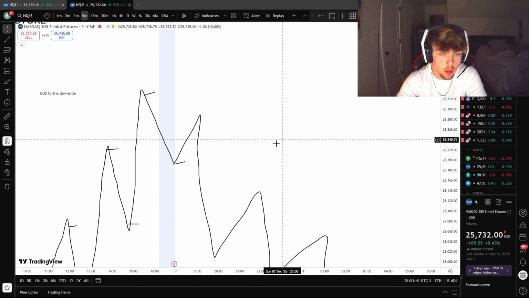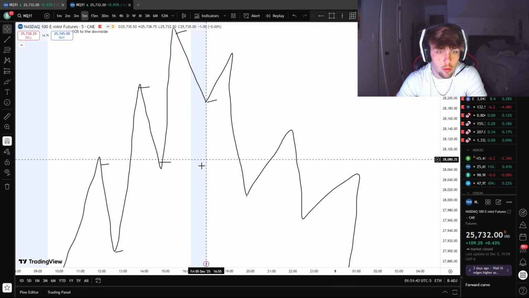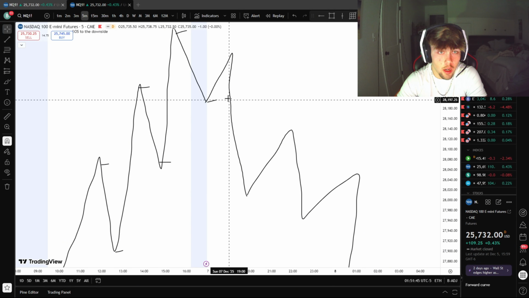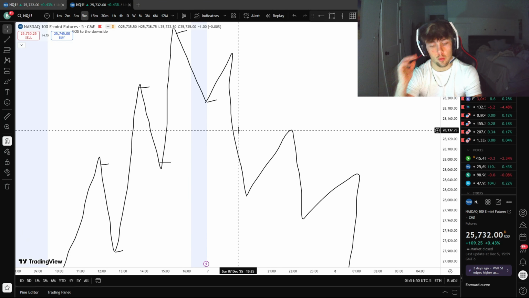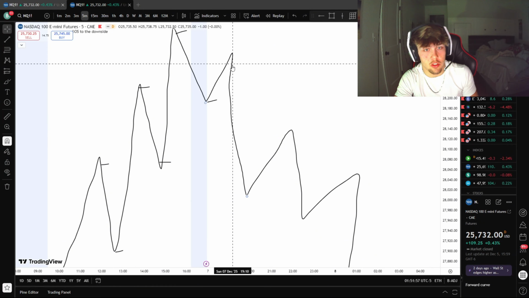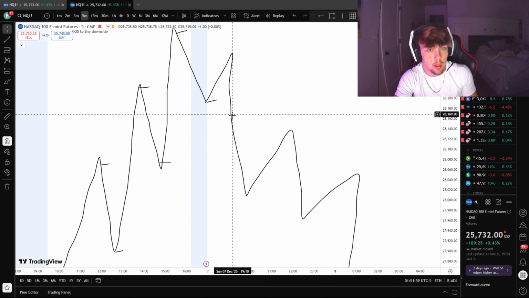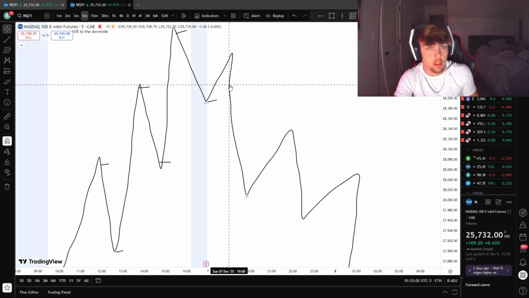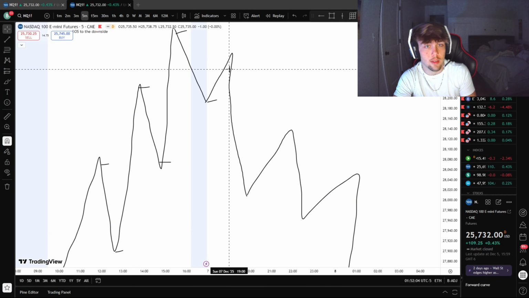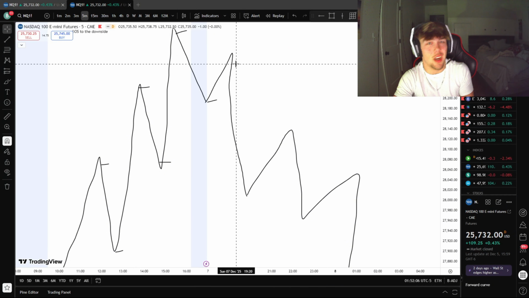Why do we go into a downtrend? Well, not only do we make a lower low, right? Because we can make a lower low without having a breaker structure, which say if we just wicked below this low and came back up and closed above it, that's not a breaker structure, right? If we wicked and made a low, that's not a breaker structure.